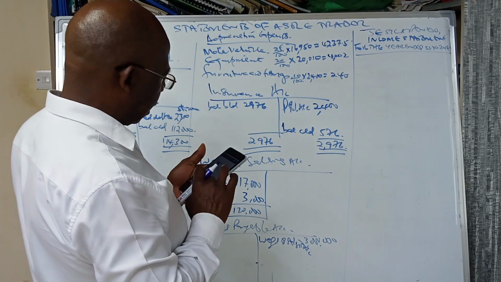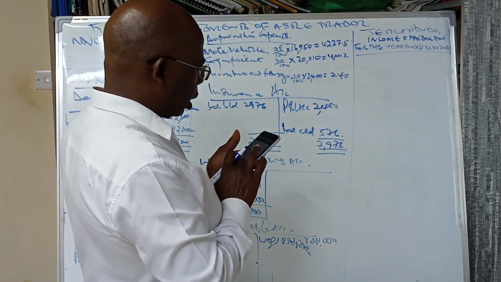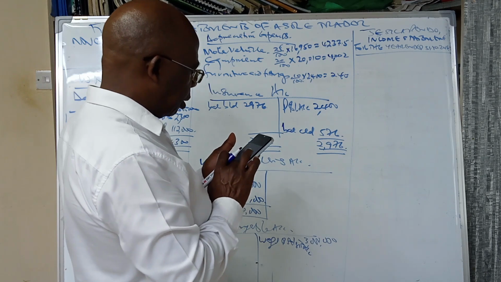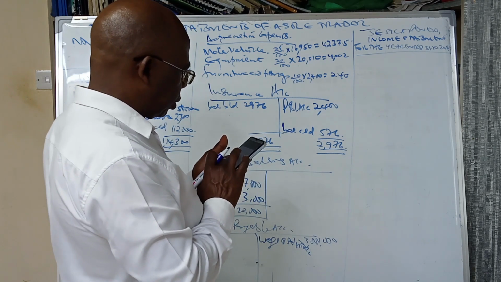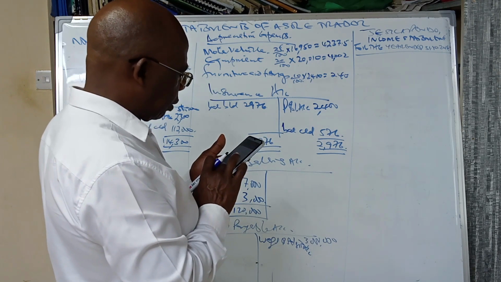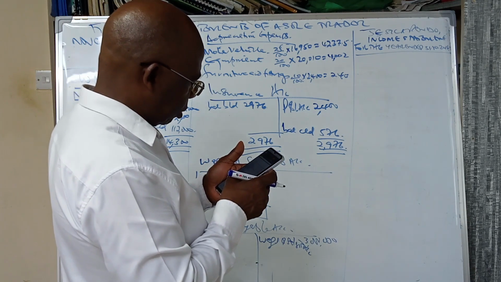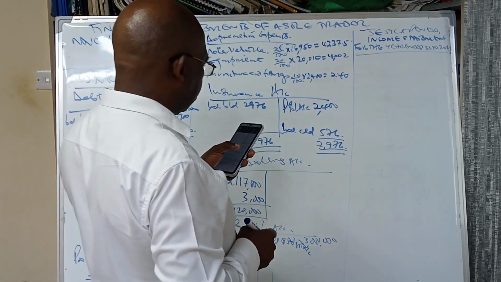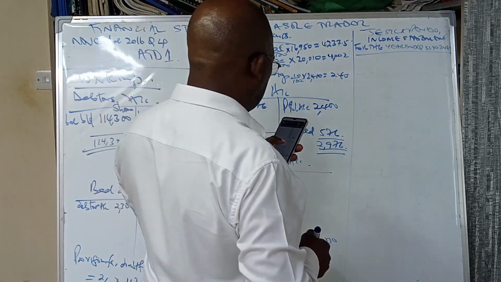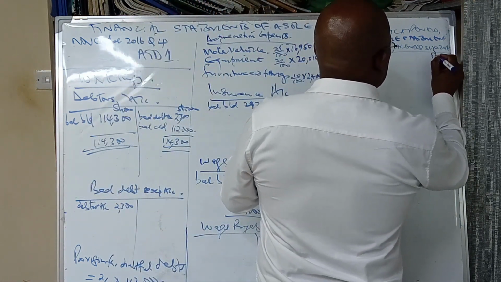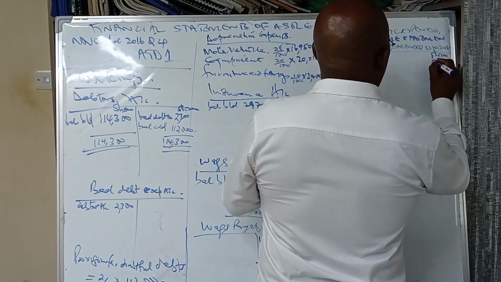So we start with our sales. Where is our sales? Our sales were 1,174,200, everything in shillings in thousands.